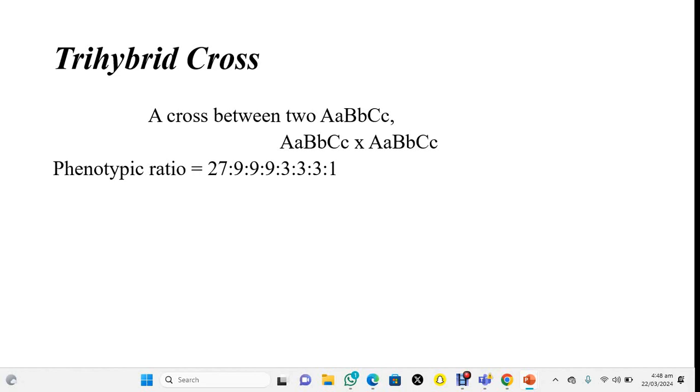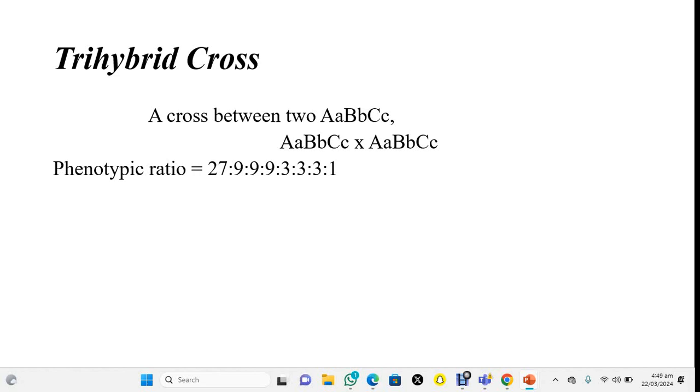But we said that the total number of genes under the trihybrid cross was 3. So if 9 represents 2 dominant genes, it means it's 2 dominant genes and 1 recessive. It makes sense, right? And then the 3 represents 1 dominant and 2 recessive. Every 9 has a meaning. The first 9 could be that A and B are dominant and C is recessive.